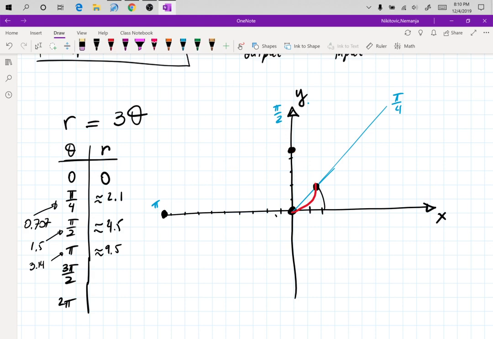And now, when you connect these dots, you are going to get a spiral, and this spiral is going to go out. Now, when you think about this, it's going to go like that. That's not going to be a function, right?